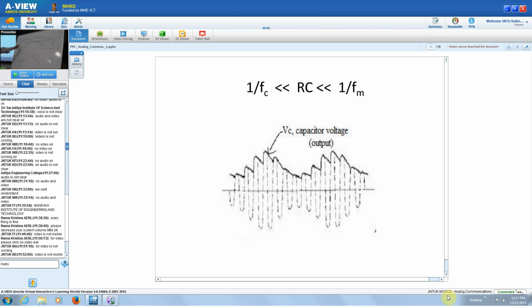As the signal goes into the positive direction, the diode conducts. When the input rises to positive, the diode conducts, and the capacitor starts charging. So it has come up to this point.